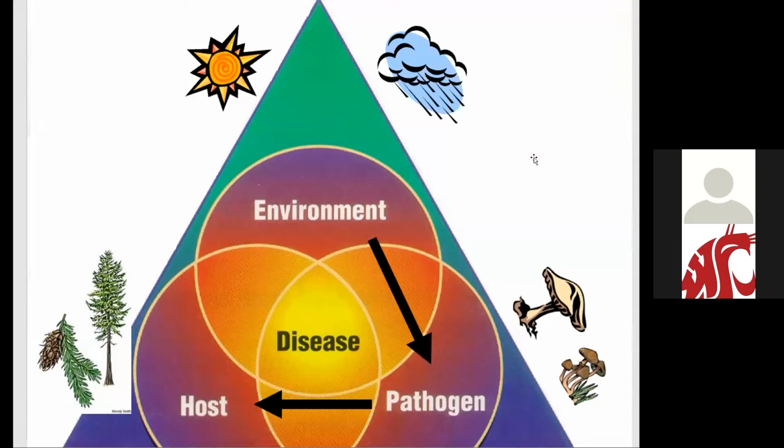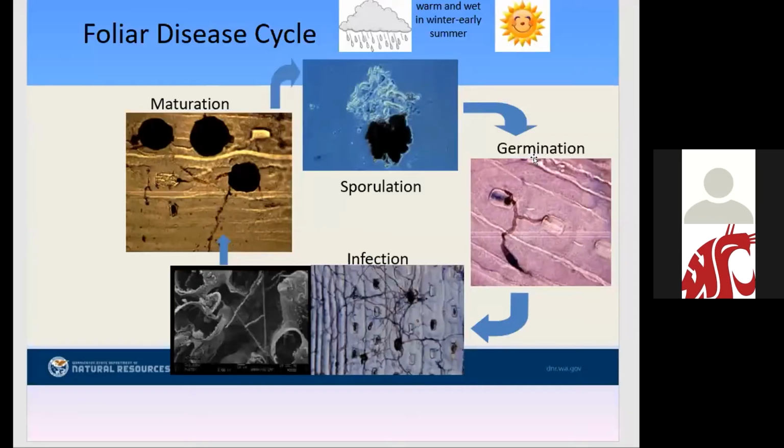So in this case, the tree may also benefit from a favorable environment, and may in fact be better suited under the new weather conditions, but it's oftentimes just overwhelmed by the robustness with which these pathogens are responding to the environmental conditions. And so sort of the classic example would be foliar diseases. And generally, as we see in the upper right, warm and wet conditions in the winter and early summer are highly favorable for foliar diseases.